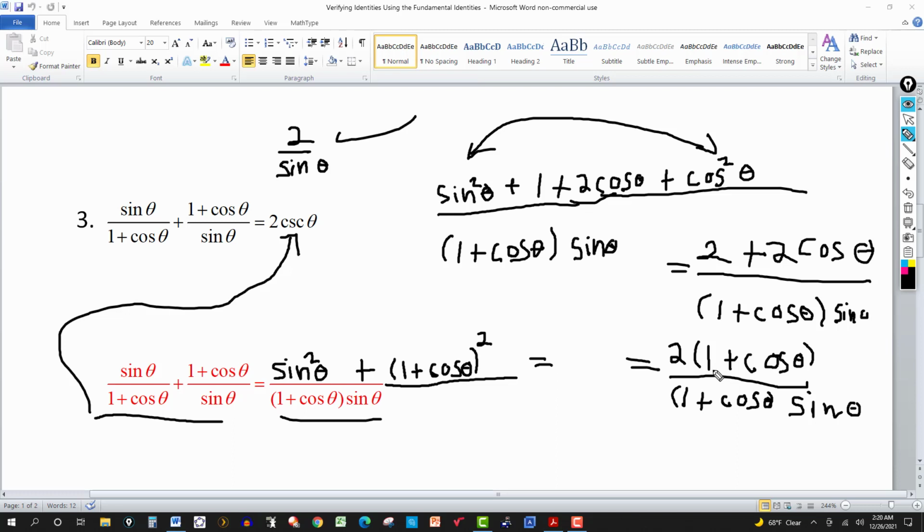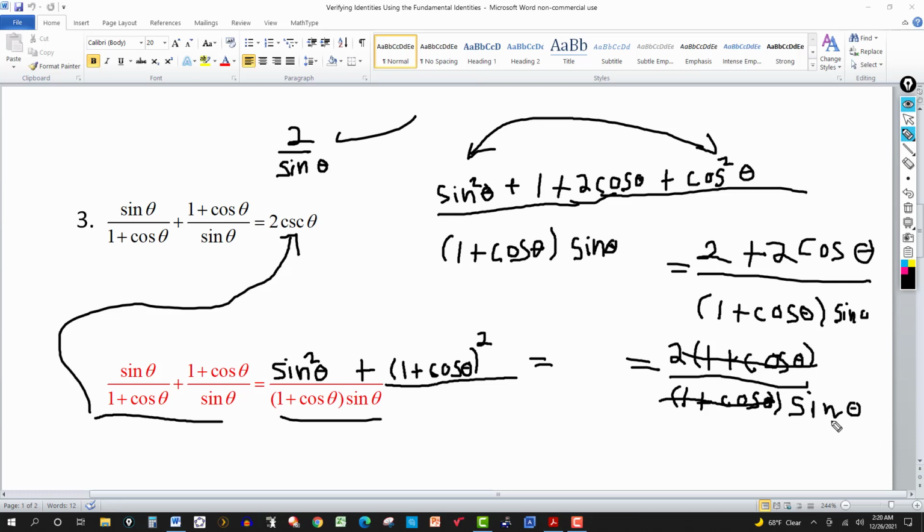So here I have 1 plus cosine theta and a 1 plus cosine theta in the denominator. Close this parentheses here. These would divide out. And I'm left with 2 over sine of theta.